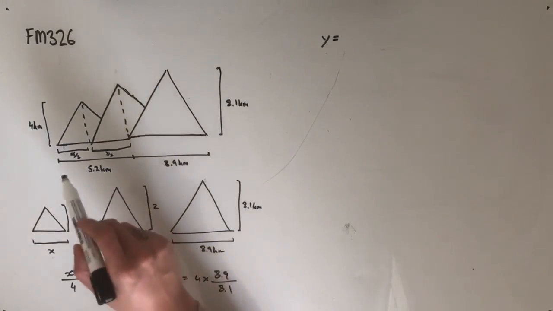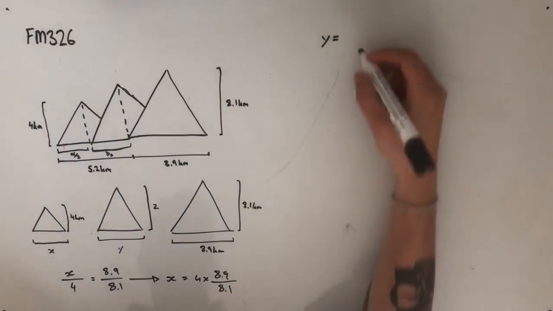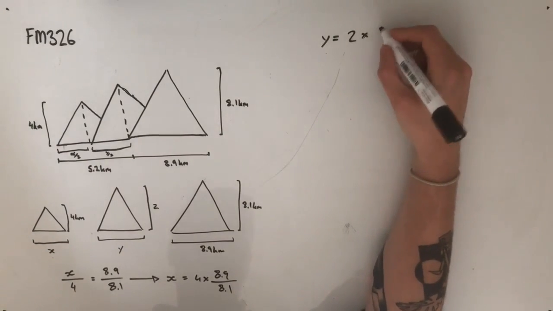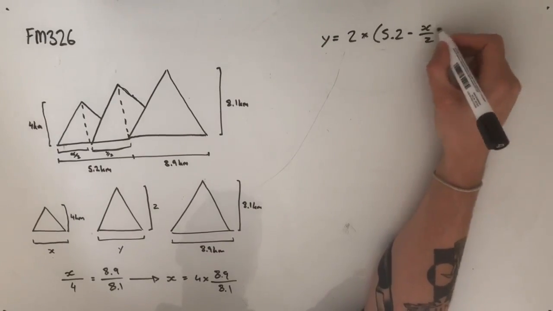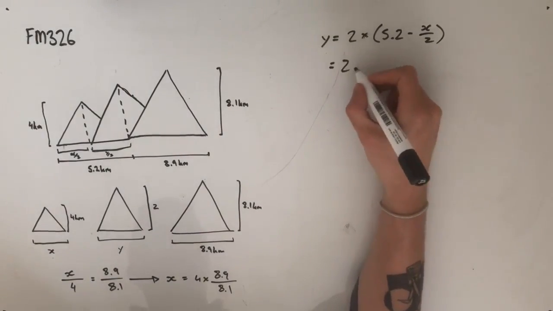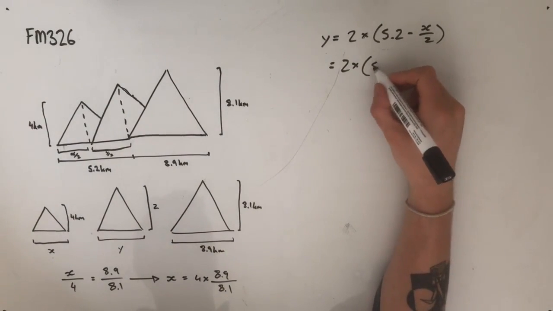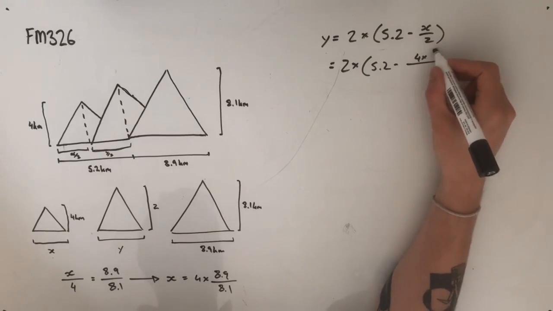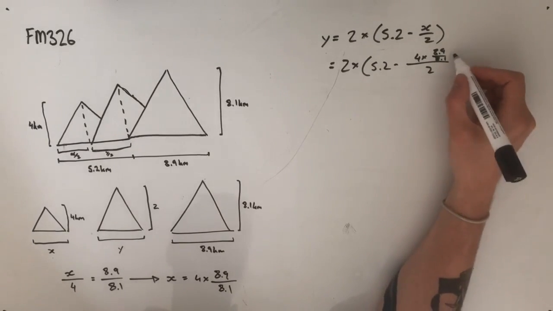So half of Y is equal to 5.2 minus half of X, which means Y is equal to 2 times (5.2 minus half of X). Inserting our value for X, we get Y is equal to 2 times (5.2 minus 4 times 8.9 over 8.1 all over 2).